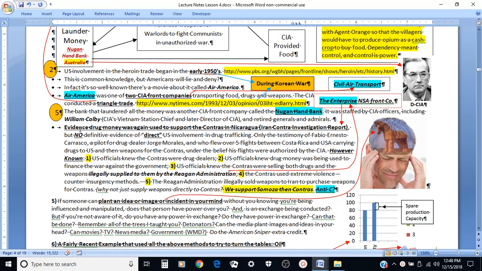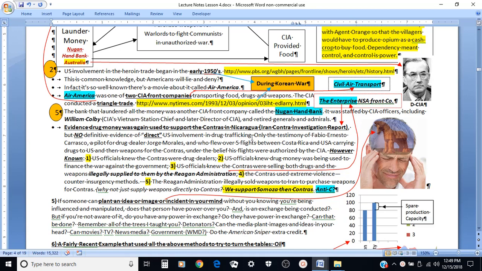Now, there is also evidence that drug money was again used to support the Contras in Nicaragua. You know, the whole Iran-Contra controversy, right? I read the Iran-Contra investigation report, the Senate report. Now, in this case, though, there's no definitive evidence of direct U.S. involvement in drug trafficking, as it was here, right?